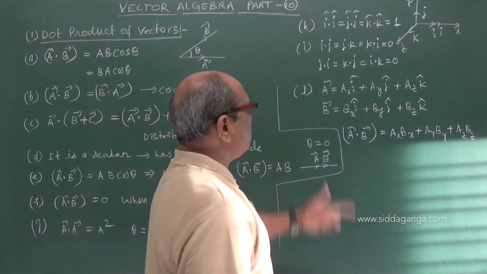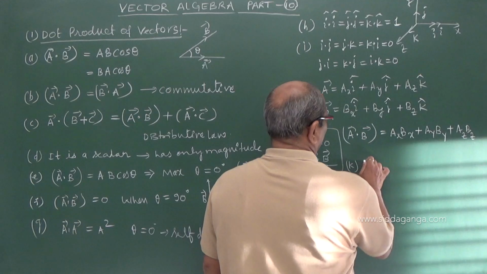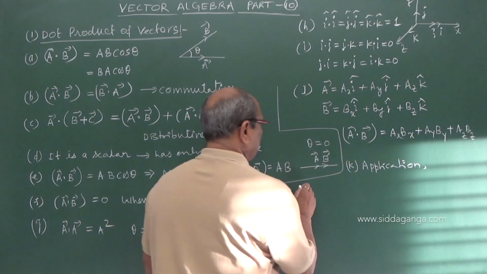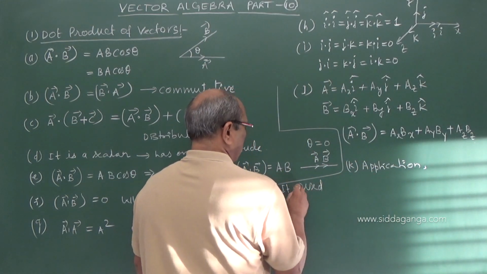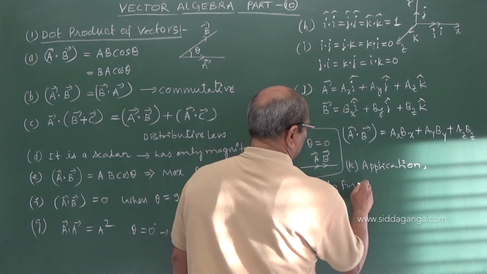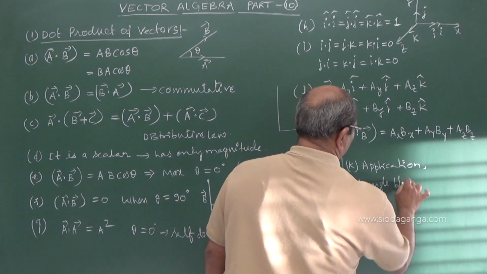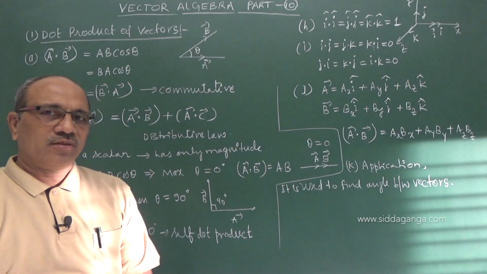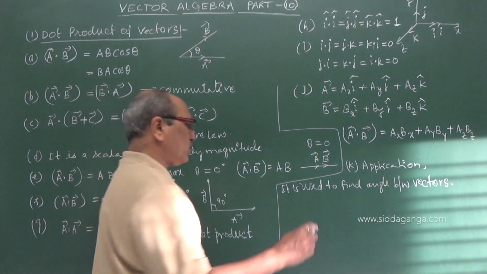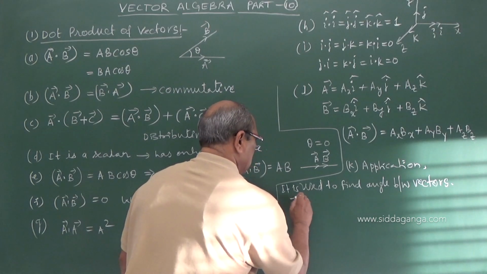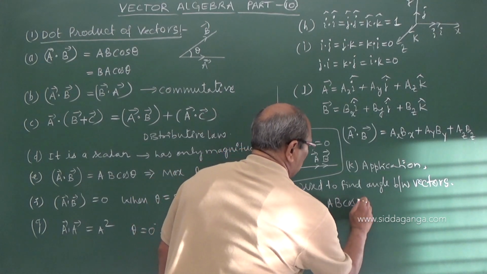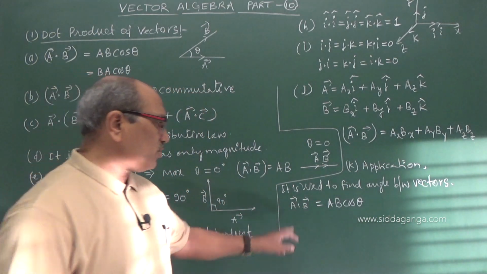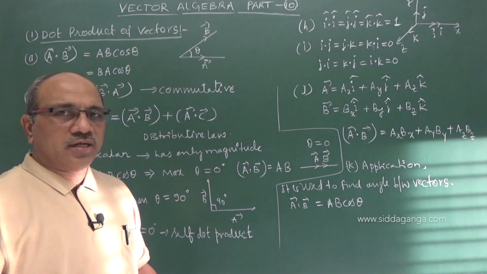One of the most important applications of this is to find the angle between vectors, because, as the dot product itself suggests, if you want A dot B, you write it as AB cos theta. If you want to know the angle between A and B, you can get it.